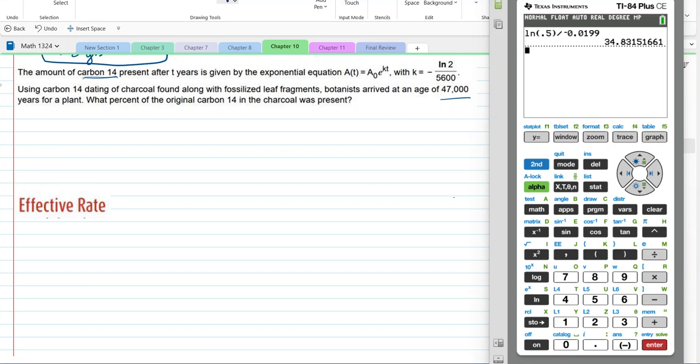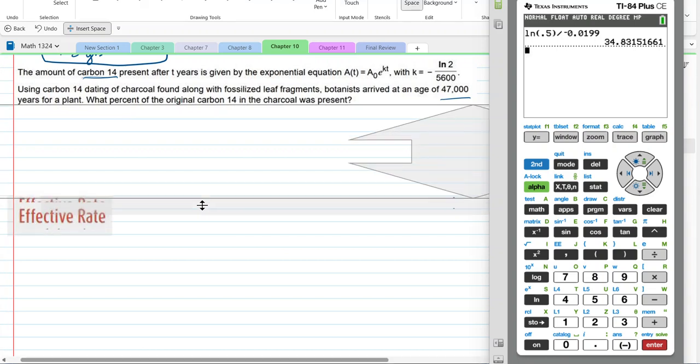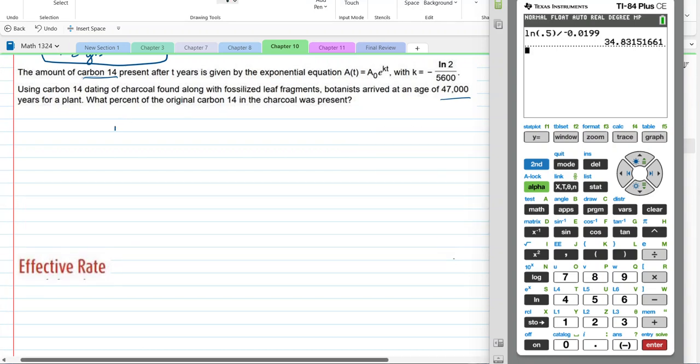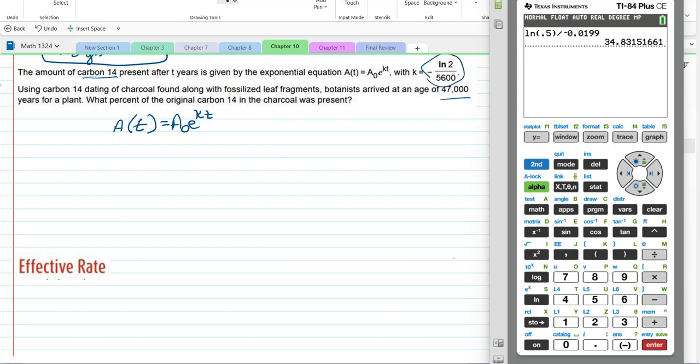All right. So in this case, we're going to look at what we have. Here we go. So it said A of t equals A of O e to the kt. All right. Now what was given? That k was this part right here.